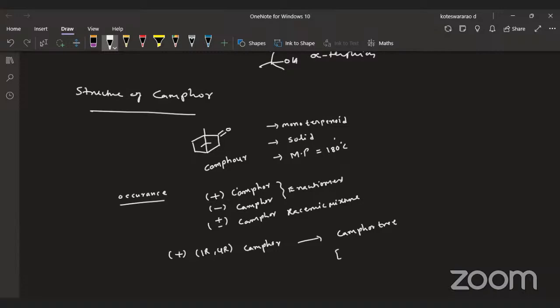Its botanical name is Cinnamomum camphora. It generally appears in Japan, Formosa, Iceland.